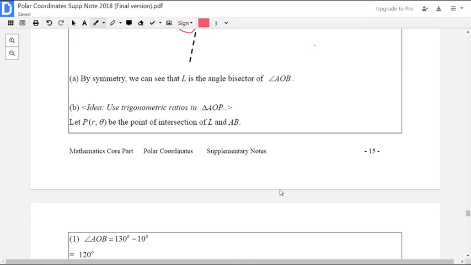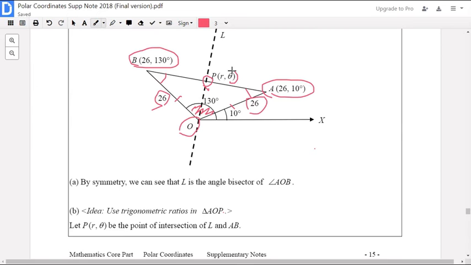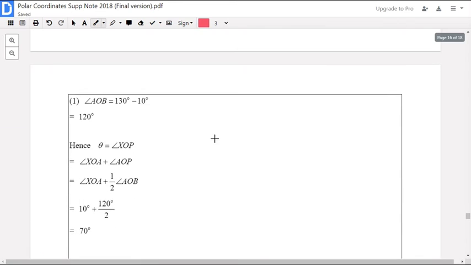Once we know that angle AOB is 120 degrees, we want to find the polar angle. The polar angle of the point P should be measured from OX to this line L, which is given by 10 degrees plus half of the red angle here. And therefore, we know that theta is 10 plus 120 divided by 2, which is 70 degrees.